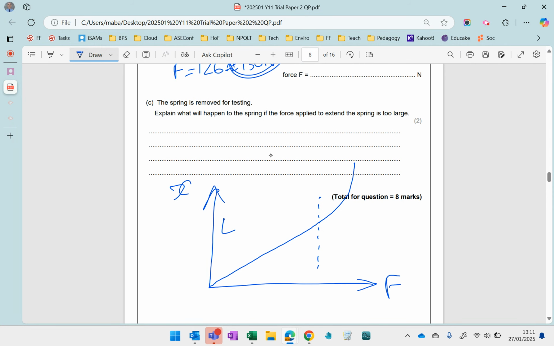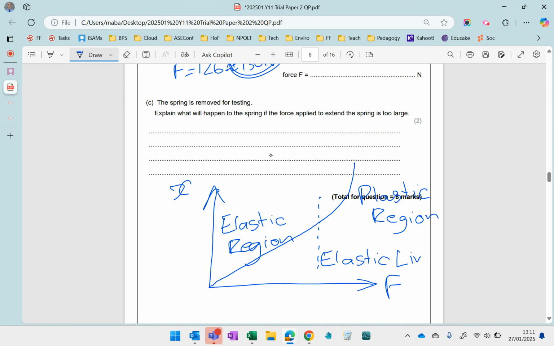So this here is the elastic region of the graph, and this here is the plastic region of the graph. And this dotted line between the two is what we would call the elastic limit.